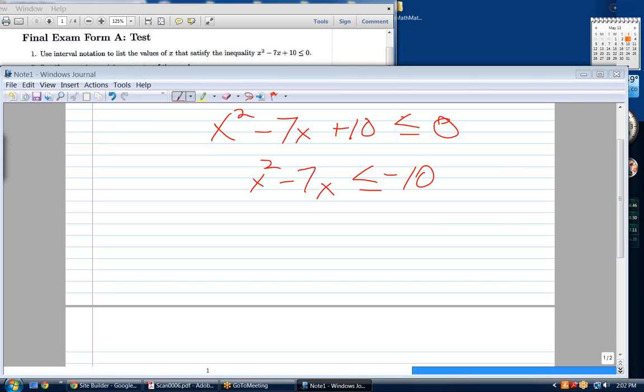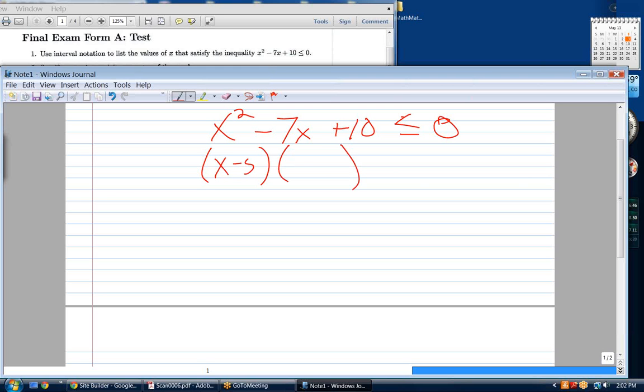Notice right off the get-go that you have a quadratic, and in a quadratic, you usually want everything on one side and 0 on the other. So instead, let's think about factoring. That's usually what we want to do with a quadratic, is factor it. x minus 5, x minus 2 is less than or equal to 0.